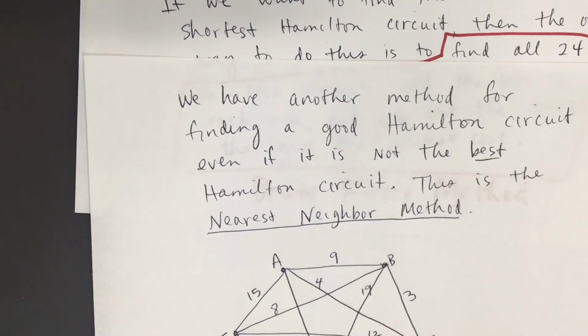I'm going to start at C. C to B is 3. C to A is 4. C to D is 7. And C to E is 12. Go the smallest one, the nearest one.